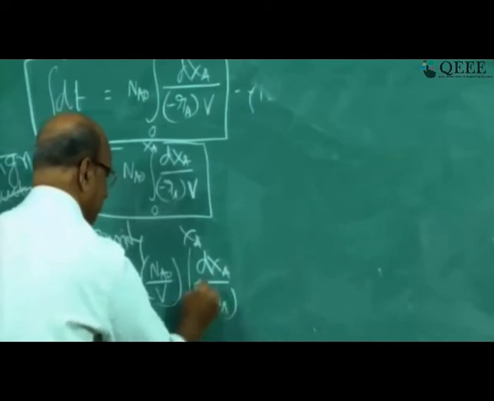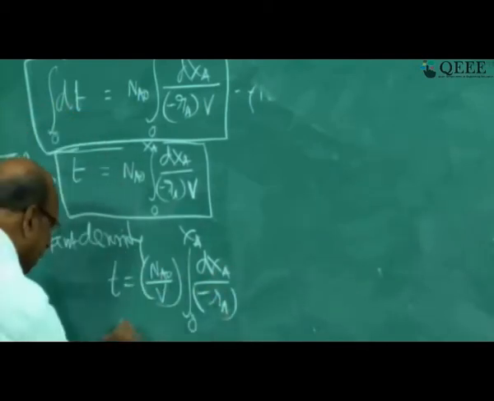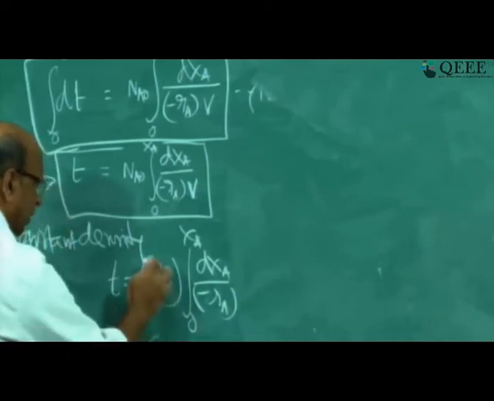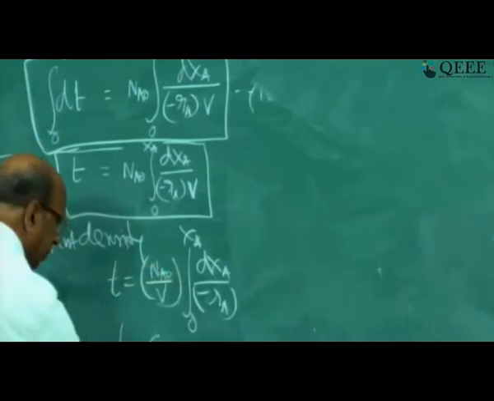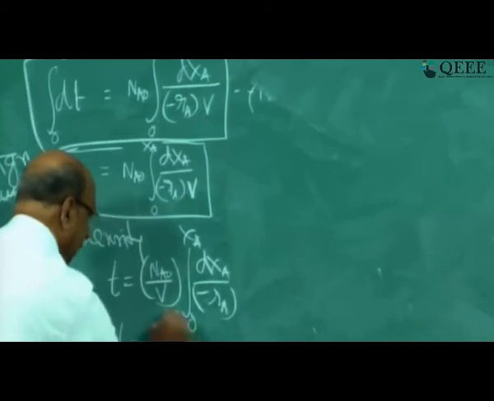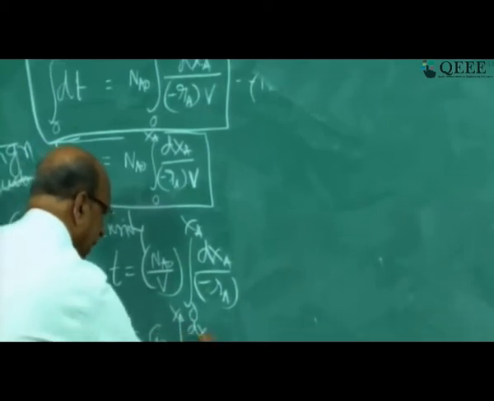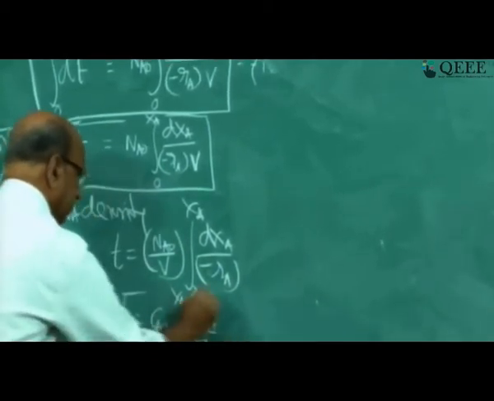And now this is nothing but t equals Ca naught, this is the definition of concentration, Ca naught, integral 0 to Xa dXa by minus Ra. So this is for constant density systems.